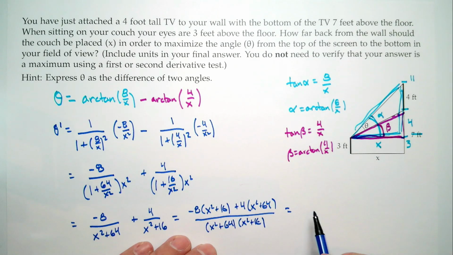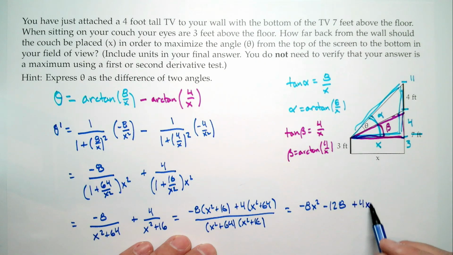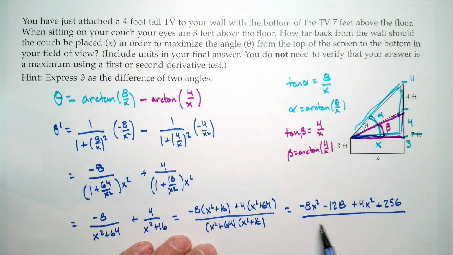So negative 8x squared, and 8 times 16 is a number, minus 128, plus 4x squared, and 4 times 64, that's another number, 256.